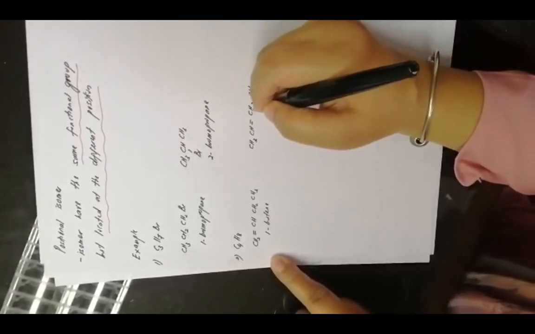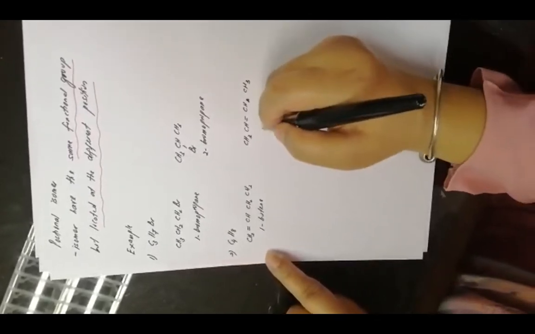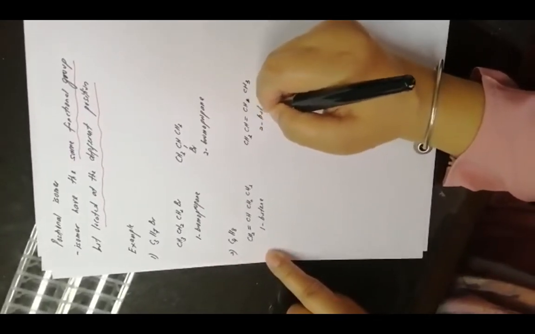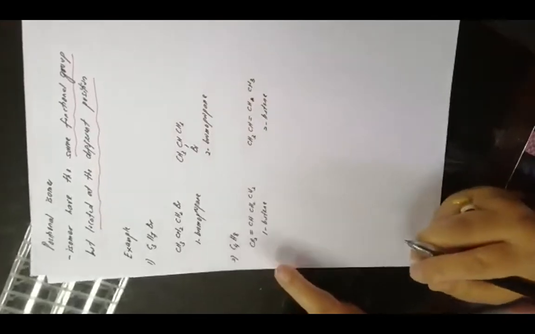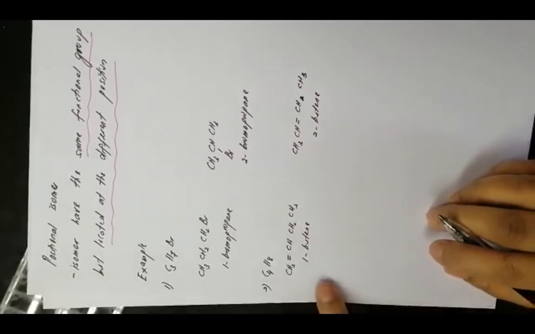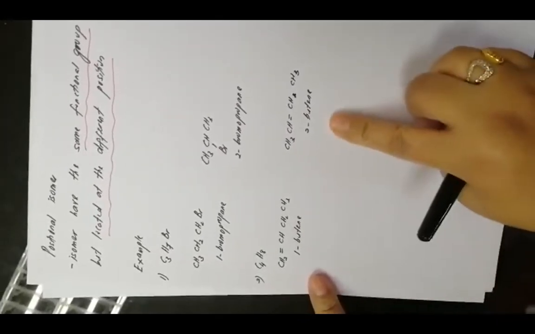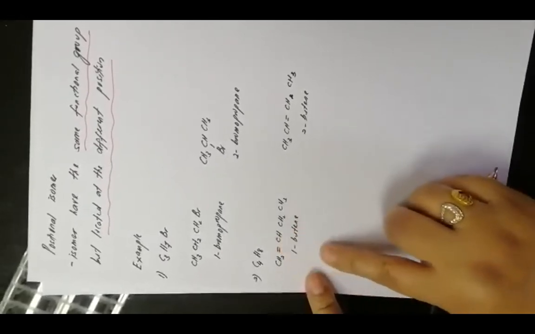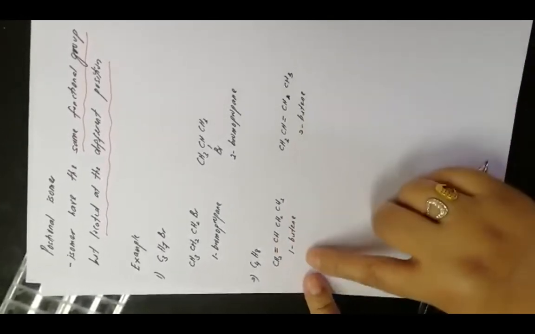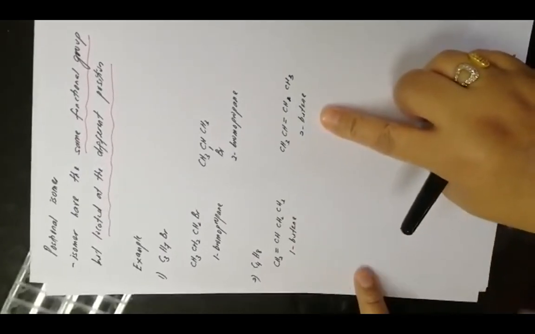So this is CH3, and the name of the compound is 2-butene. So this is also a pair of positional isomers. If we look at these two structures, they have the same functional group, but the position of the double bond is different. So this is 1-butene and 2-butene.